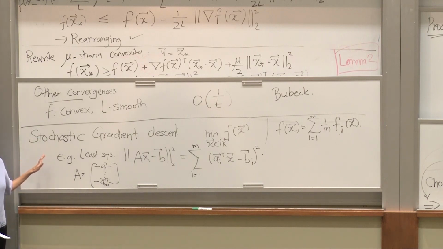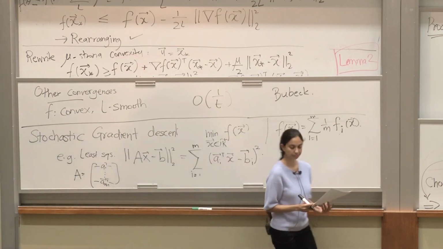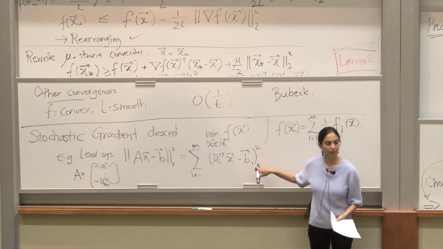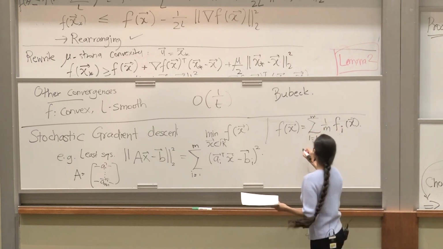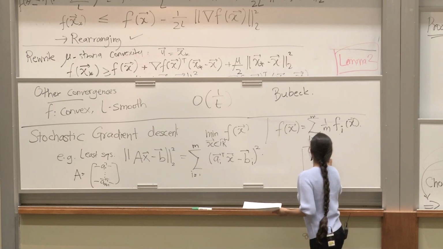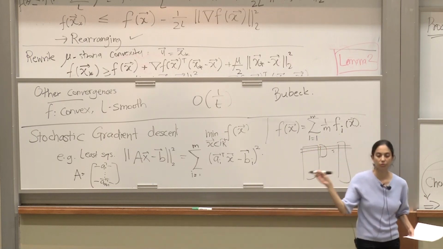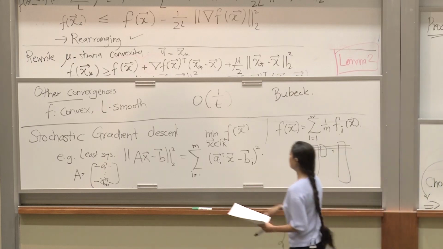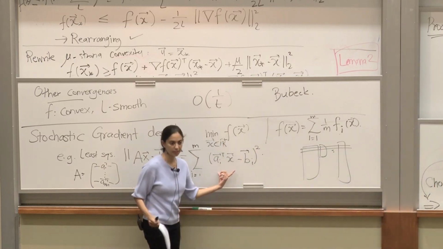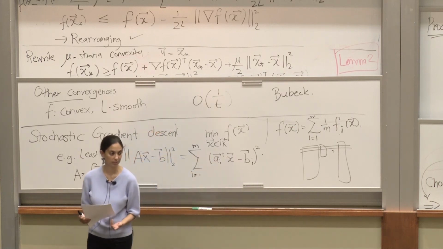Everyone see this? So in my least squares setup, every row is an experiment, every row is a data point. This is saying, let me sum the loss on the first data point, the second data point, the third data point, and I'm considering the average of those.